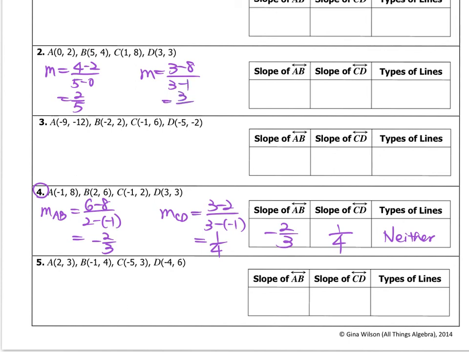That should give me negative 5/2. So the first slope is 2/5, the second one is negative 5/2. So this tells me they are opposite and they're reciprocal. So opposite reciprocal indicates these two lines are perpendicular to each other.